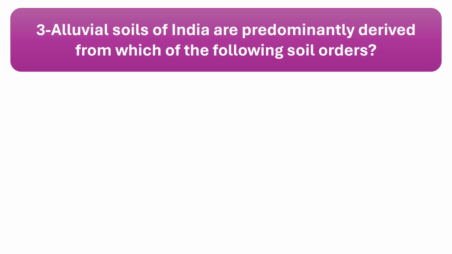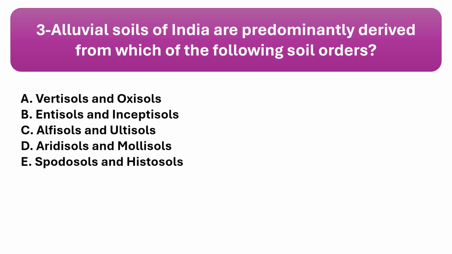Next question. Alluvial soils of India are predominantly derived from which of the following soil orders? The options are option A, vertisols and oxisols, option B, inceptisols and entisols, option C, alfisols and ultisols, option D, aridisols and mollisols, option E, spodosols and histosols.